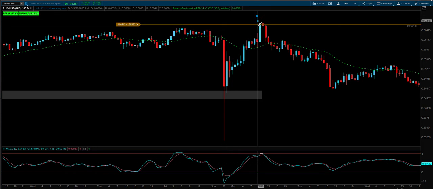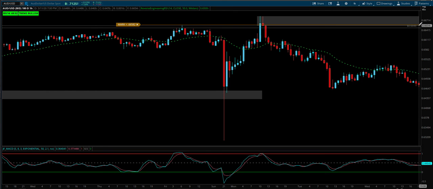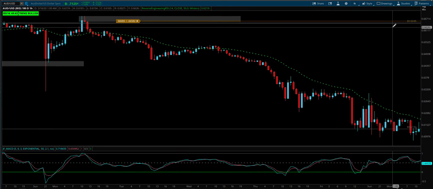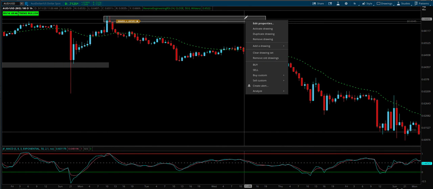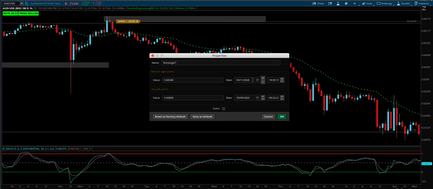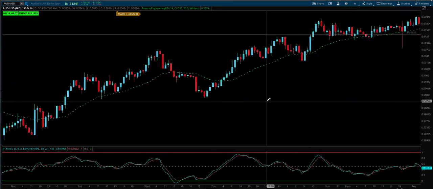Here's another zone right here. And I don't think we've been up there yet to revisit it, so we don't know yet. At least I don't think so. Let me see.